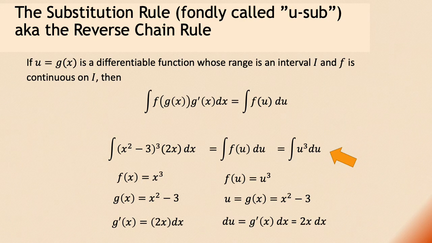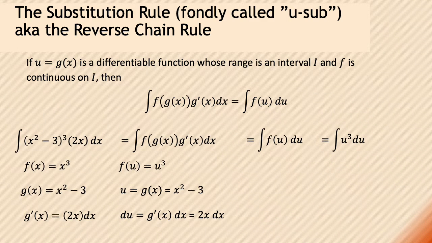And now that we've done that, here's something that we know how to deal with. We know how to take the antiderivative of u cubed, pretending just for a moment that u is a simple variable. So f of u, as we decided, is u cubed.